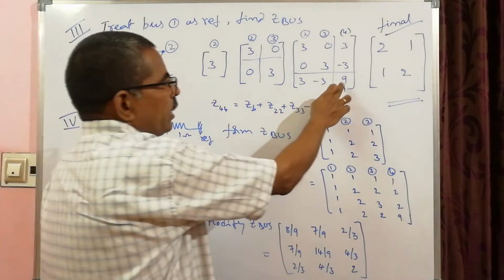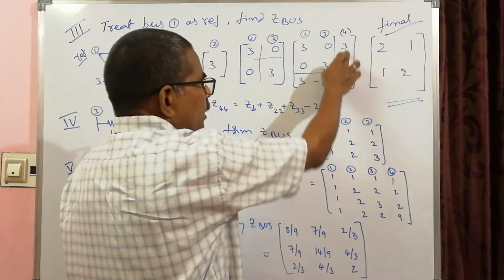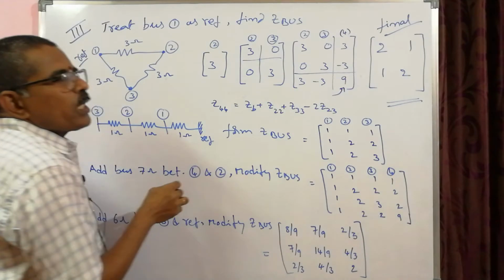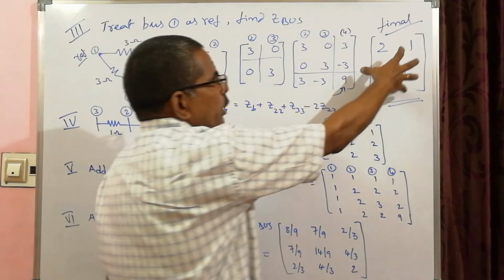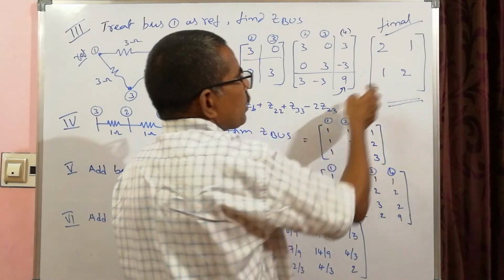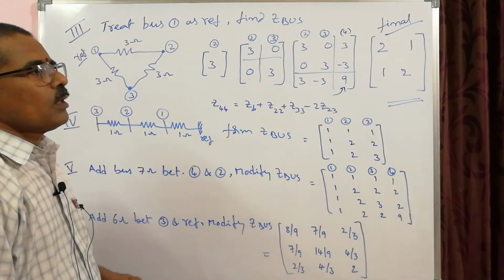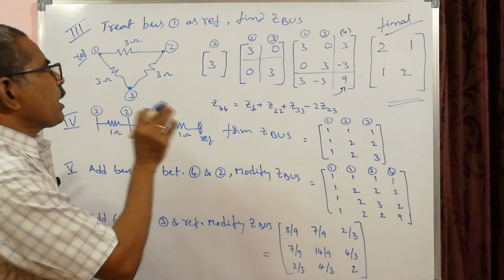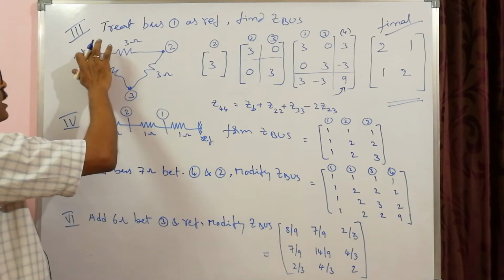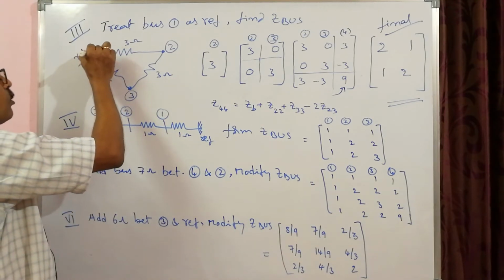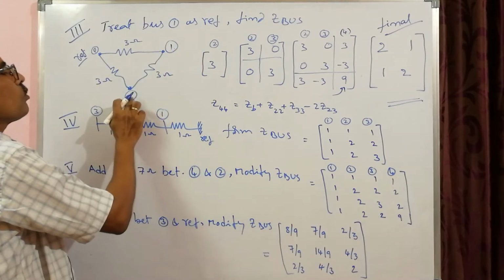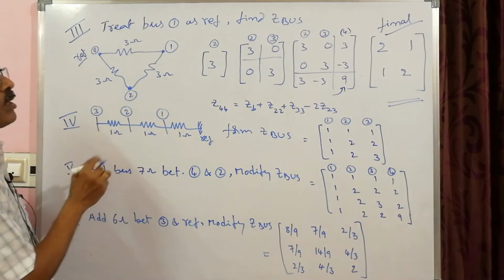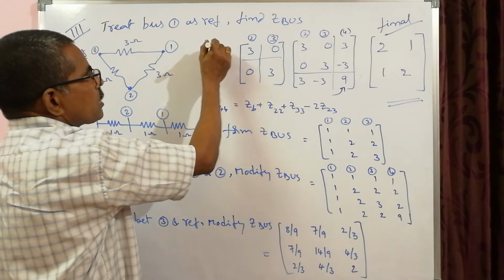So finally it is going to be 9 and this row and column are to be eliminated. Update all these 4, you are going to get this 2, 1, 1, 2. Okay, that is one way. Otherwise you take this as reference, which is 0, and this will be 1 and this is 2. Then I can write this as 1.